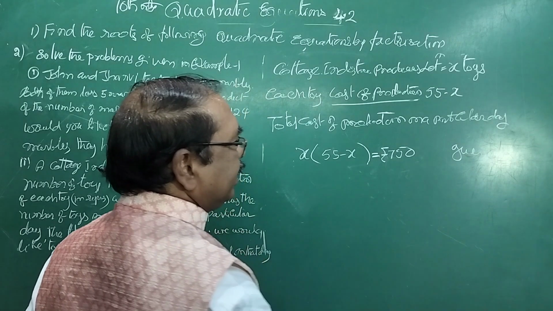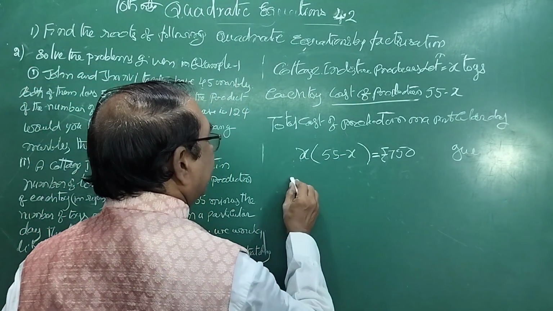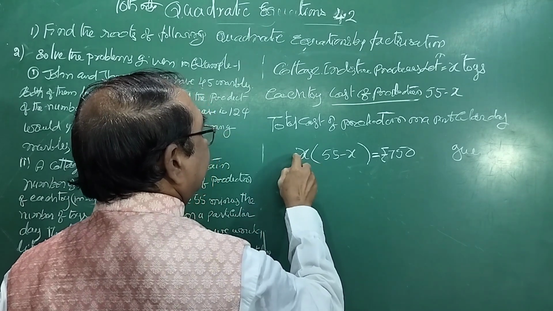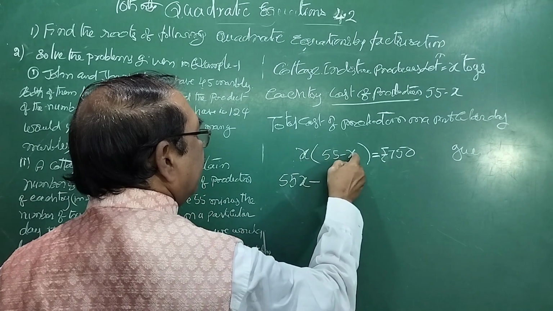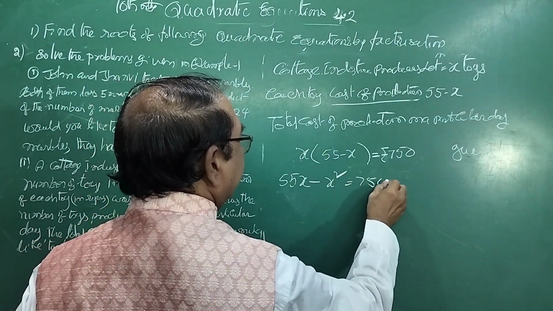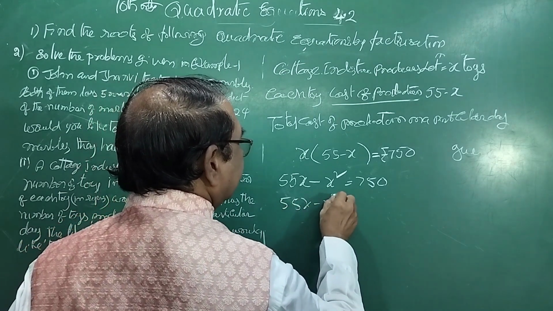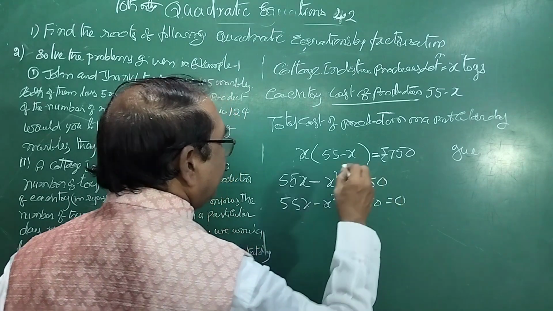What is X into 55 minus X? It is 55x minus x square, equal to 750. Let us bring 750 to the left side, so it is equal to 0.